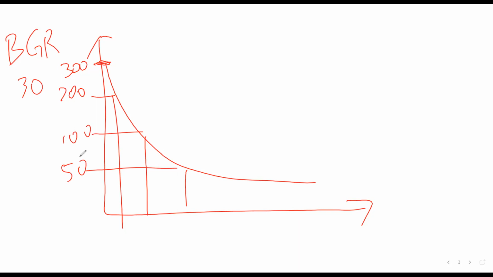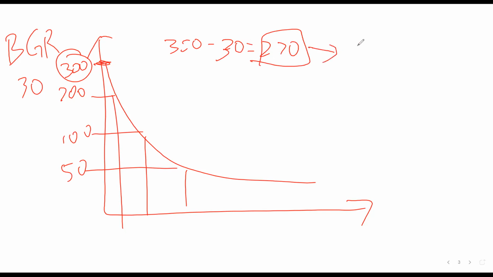150 here, right? If they give you a graph like this, you need to first minus off. So it's 300 minus 30, which will give you 270. This 270, you need to divide by 2, which will become 135. A lot of students will straight away find 135 here, thinking this is the time to find the half-life. It's wrong already, guys.